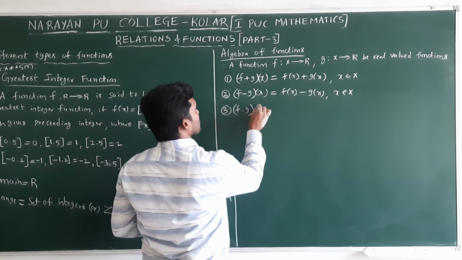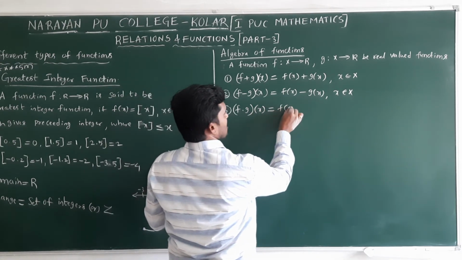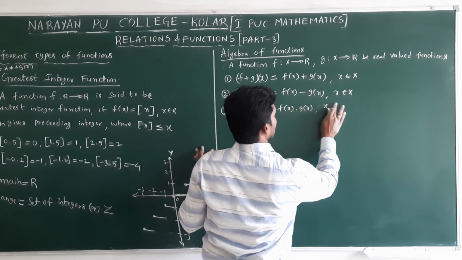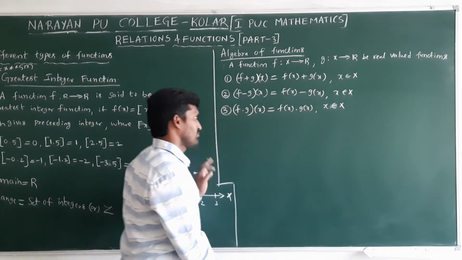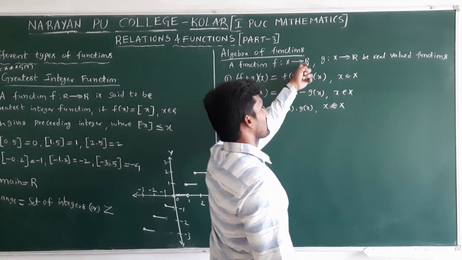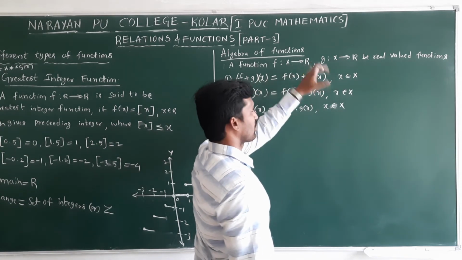How to multiply 2 functions: f into g of x, f of x into g of x, x belongs to capital X. f plus g also will come from X to R only, because f is X to R and g is also X to R, so f plus g is also from X to R only. Okay.